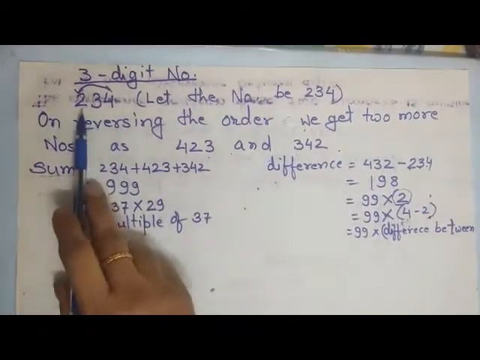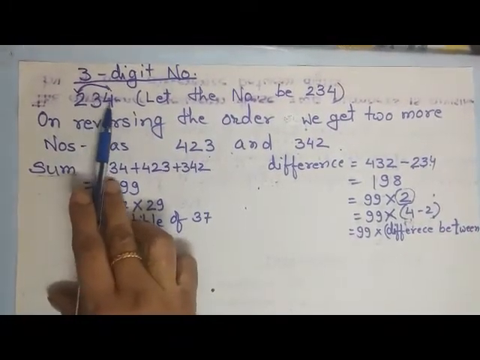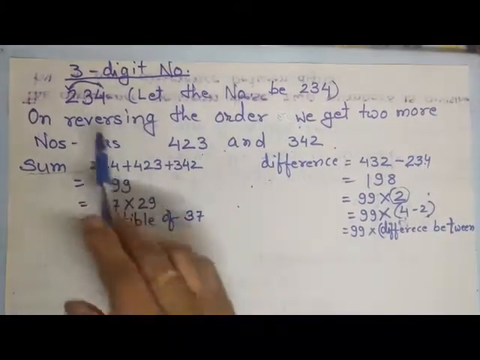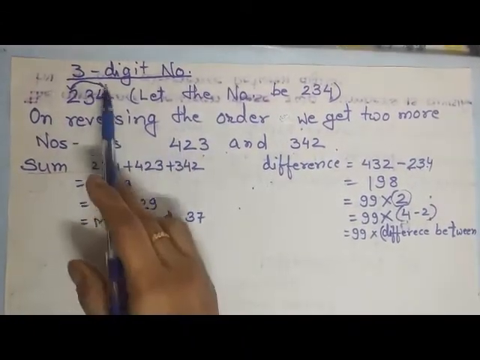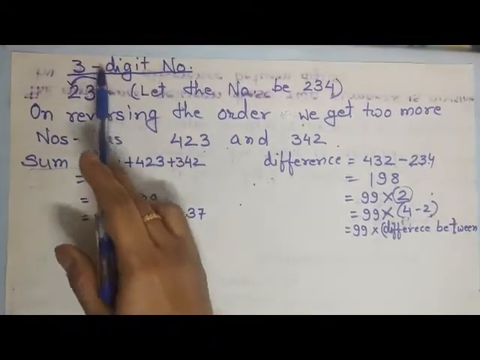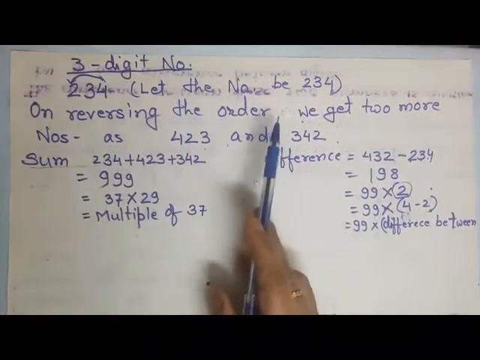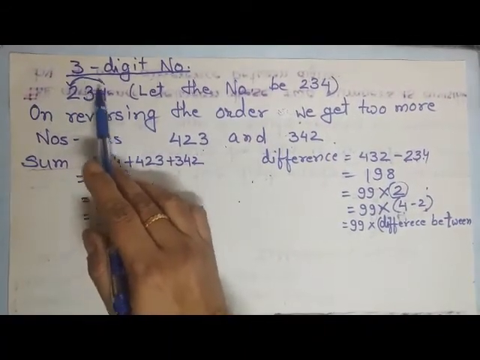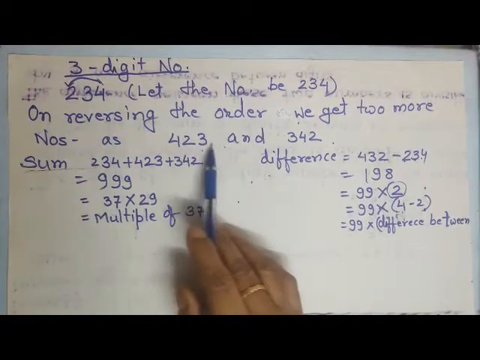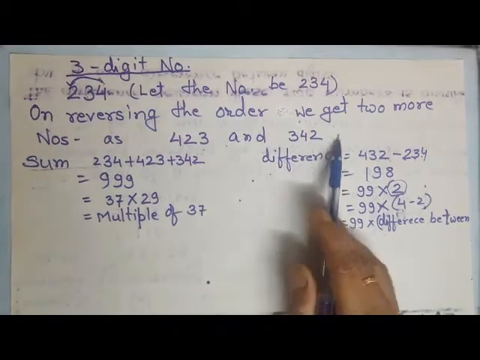Now let us consider a three-digit number, let it be 234. When we rearrange the digits in a cyclic way, that is, in the anti-clockwise direction, we get two more numbers, 423 and 342.